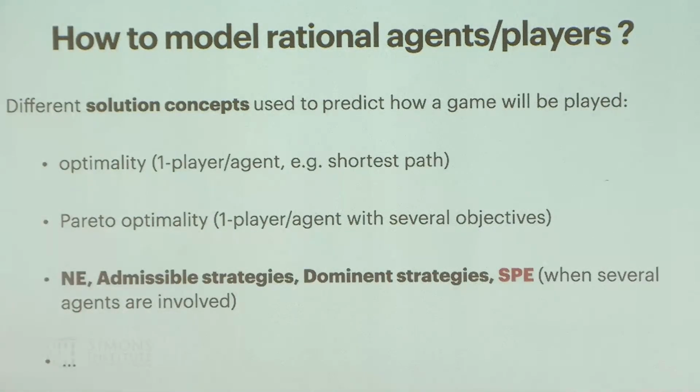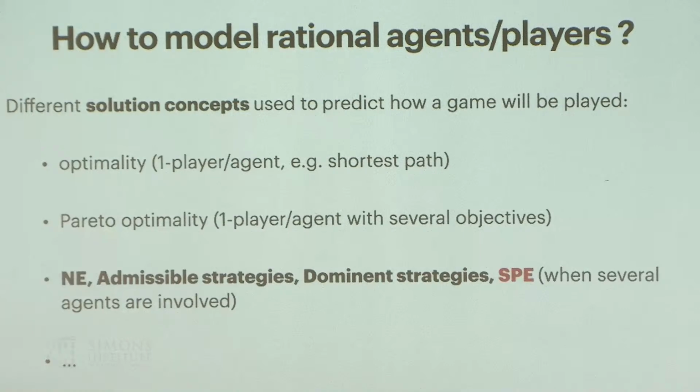Okay, and so to model rationality, if you look in the literature, you will find several so-called solution concepts that are meant to make precise what it means to be rational. If you think about a simple setting like one-player games, maybe shortest path, then if you fix A and B, say in a weighted graph, you expect that a rational player will try to choose one path that minimizes the total sum of weights along the edges, right?